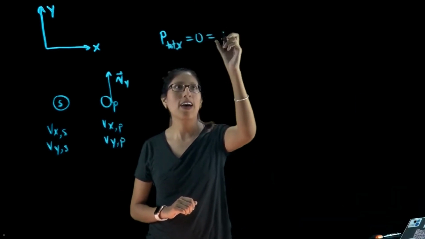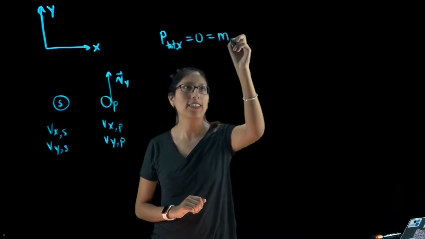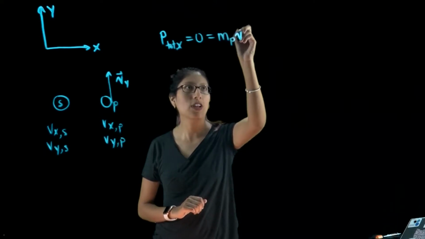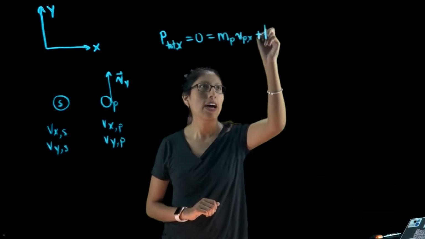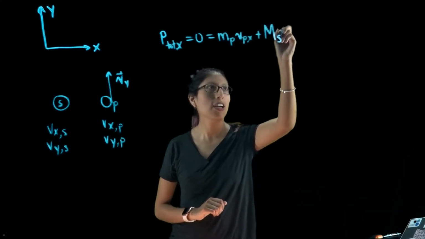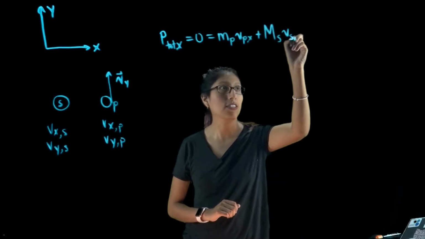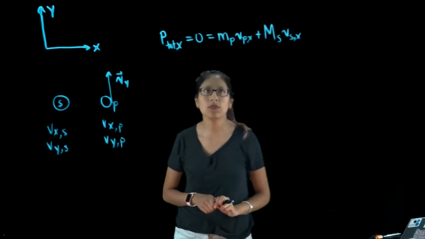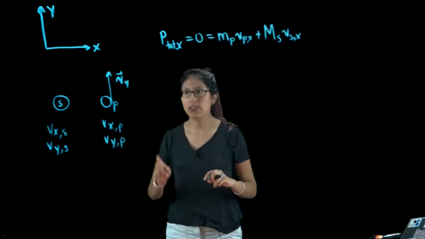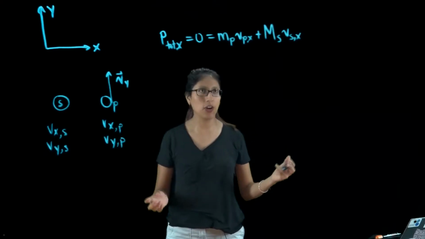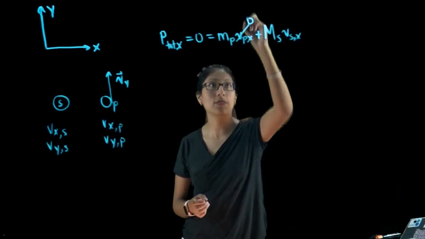So in order to do that, we can write out the mass of the planet times the velocity of the planet in the x direction plus the mass of the sun times the velocity of the sun in the x direction. So the velocity of the planet in the x direction, we know, given in the code, is 0.